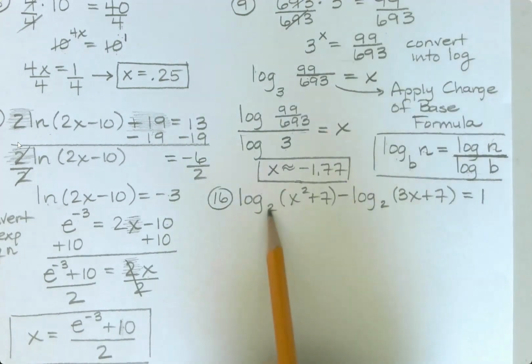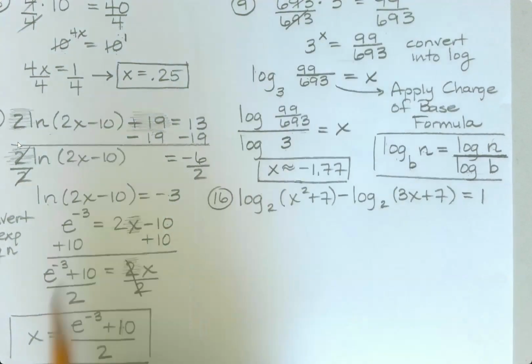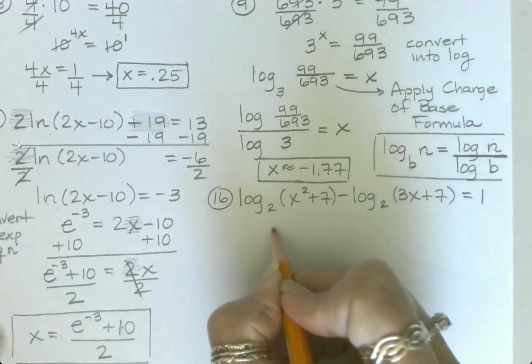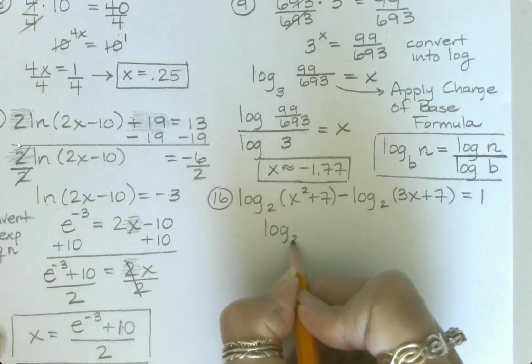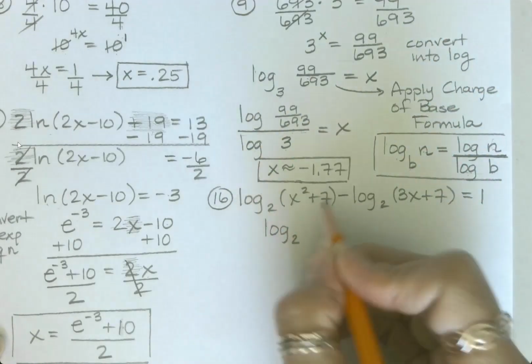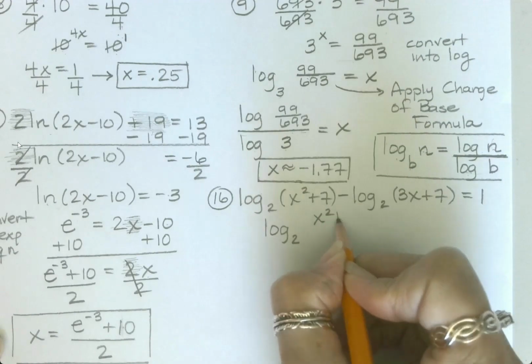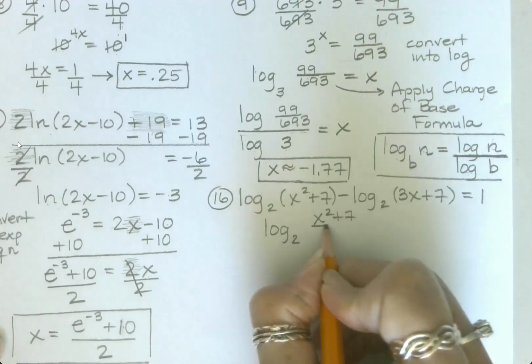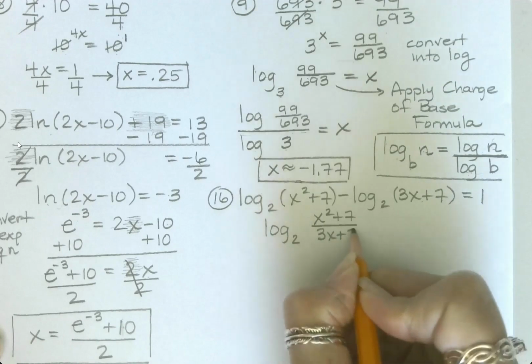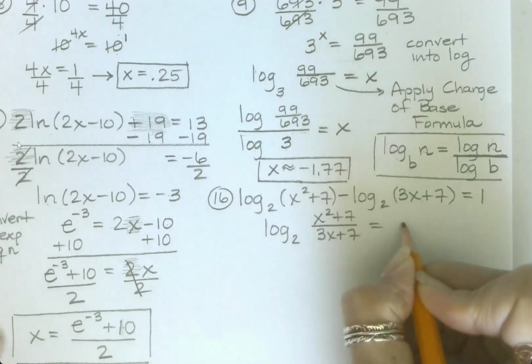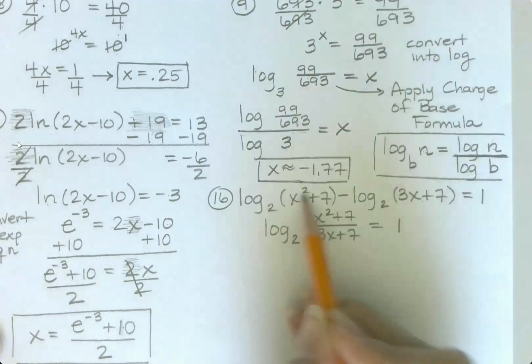When logs are subtracting, if the bases are the same, you can rewrite it as one log where you divide. So log base 2 of x squared plus 7 is being divided by 3x plus 7, and we equal 1.